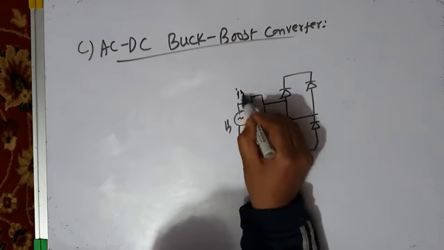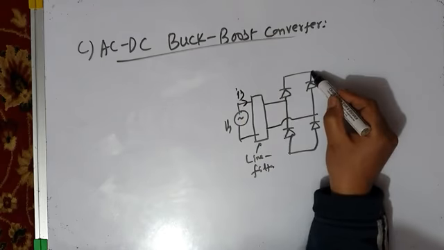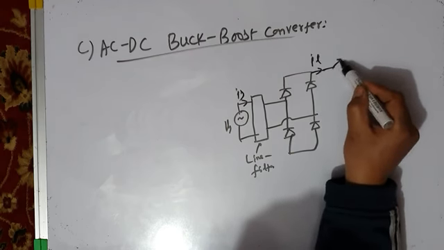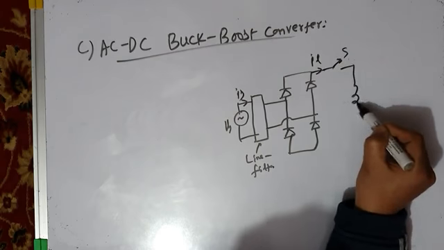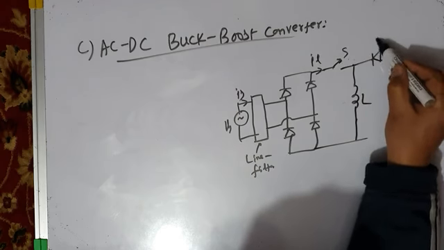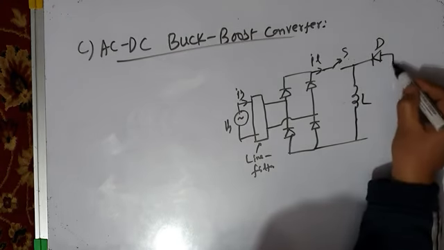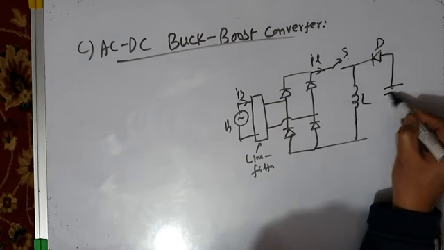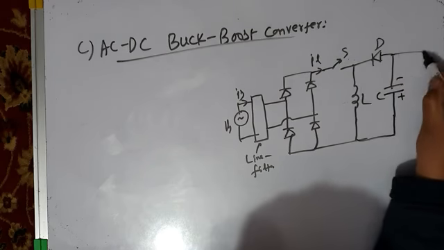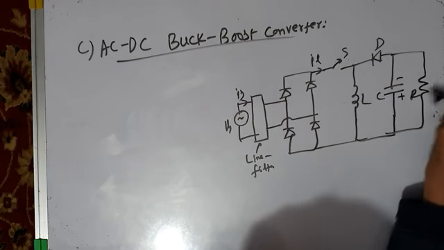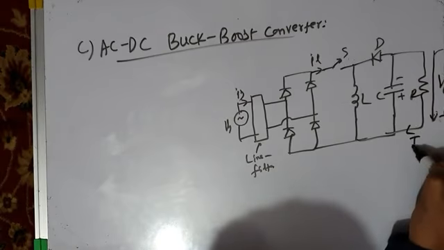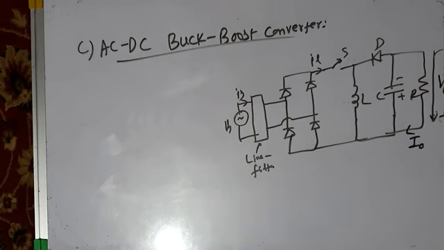This is source current Is, and this is IL. You have the switch, inductor L, and a diode like this. This is the output capacitor, and this is the load. Your load voltage is now negative, plus minus V0, and load current is also obviously negative.